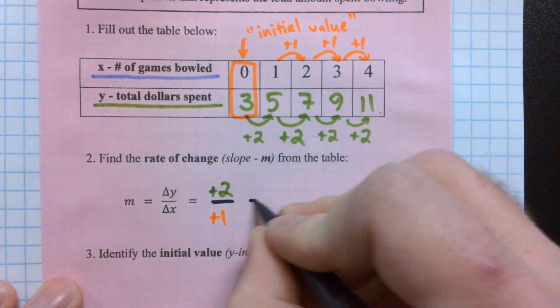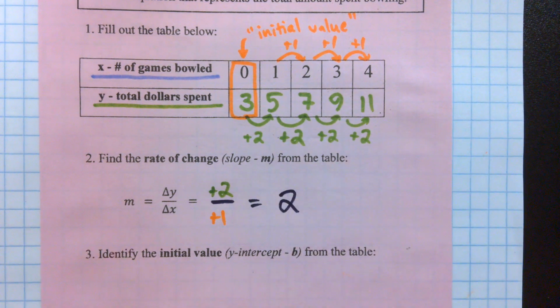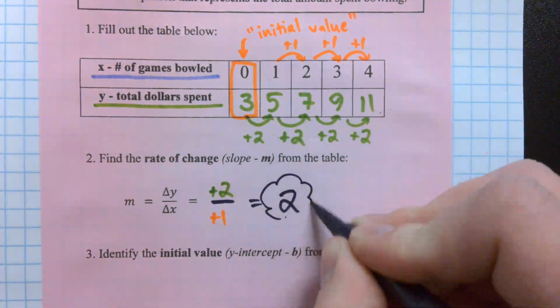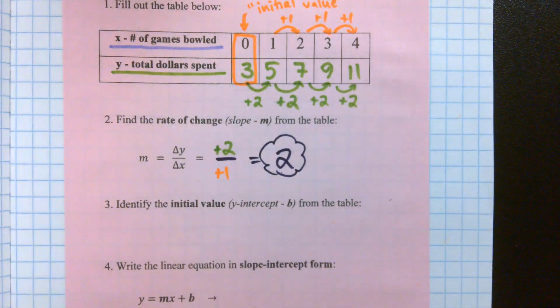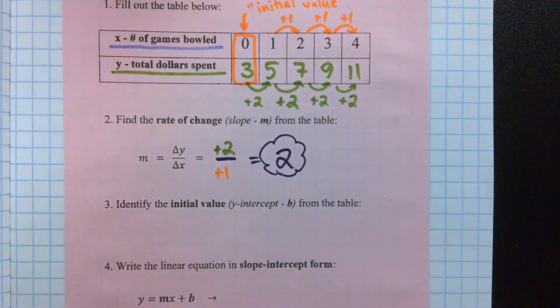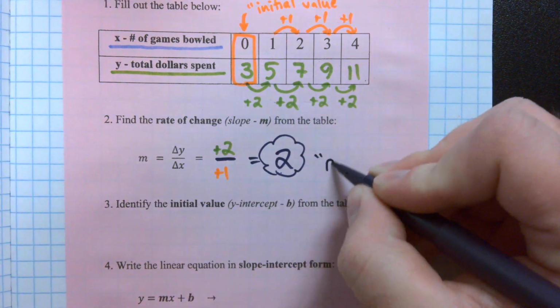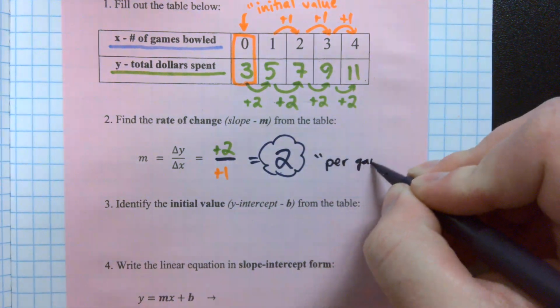So what's that going to simplify to? 2. Not too bad, hopefully. We just spent 2 days working on tables just like this. And that's going to be our rate of change. Because remember, this is $2 per game.